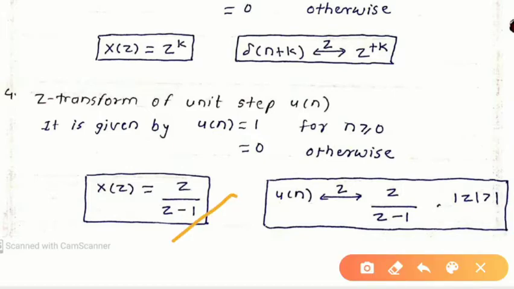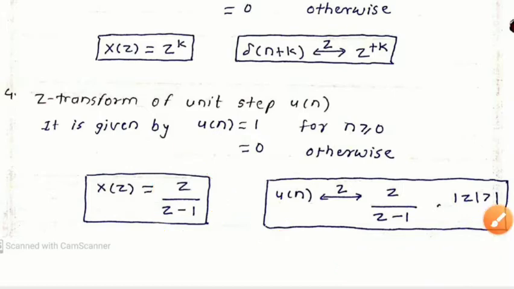It is also written as u of n bidirectional arrow z upon z minus 1, and the condition is that mod of z should be greater than 1. So you have to remember this value, which is the Z transform of the unit step signal.